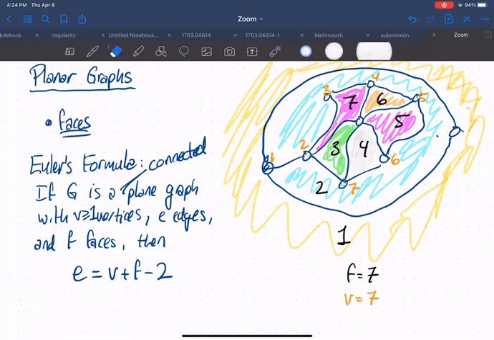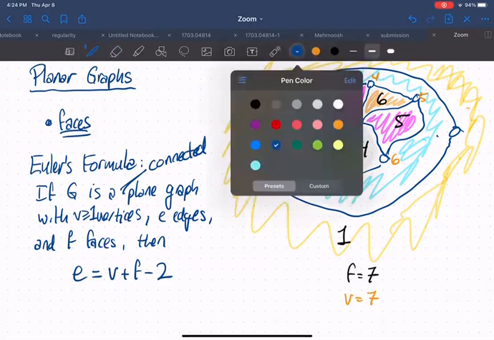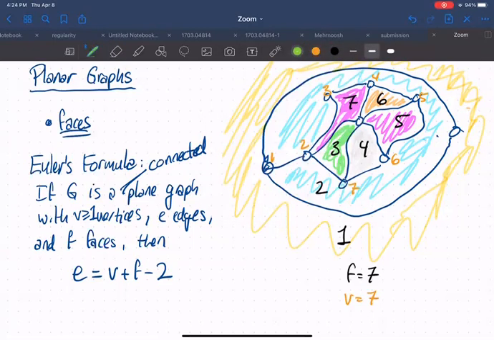And edges, of course, these are the ones that I will for sure miscount. I see 1, 2, 3, 4, 5, 6, 7, 8, 9, 10, 11, 12, 13, and 14.